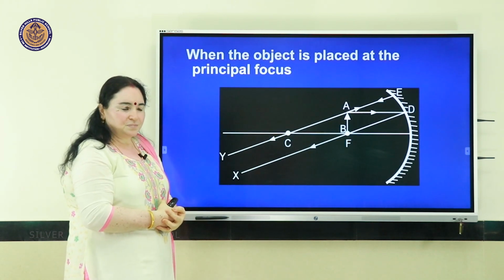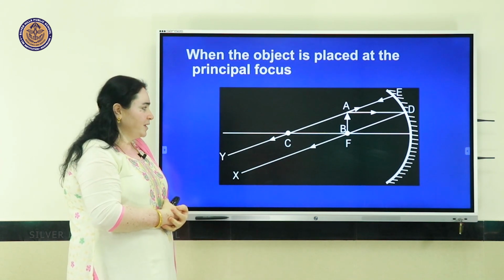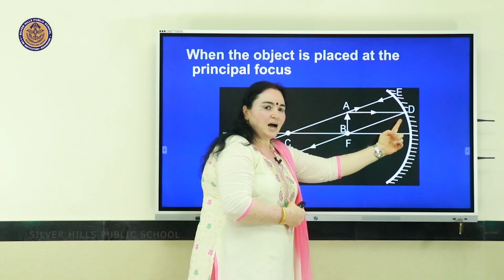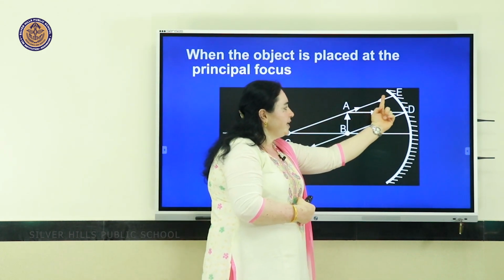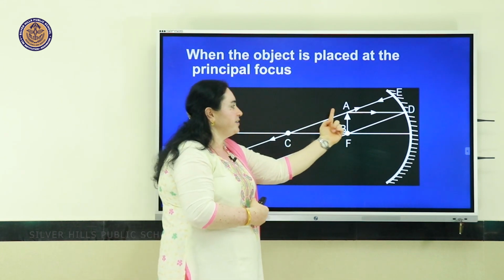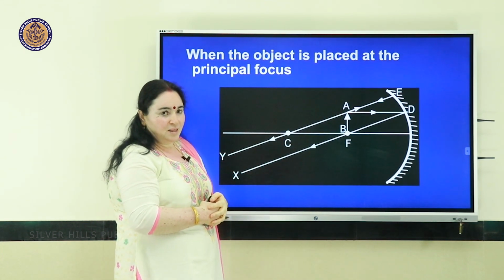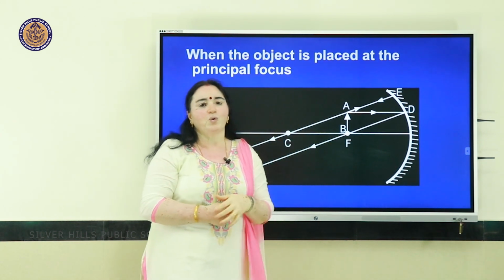Next one. Can you guess what rules did I use over here? Parallel rays of light after reflection passes through the focus. A ray of light that is in the line of my center of curvature will be reflected in the same direction. Very clearly, I have kept my object at the focus.